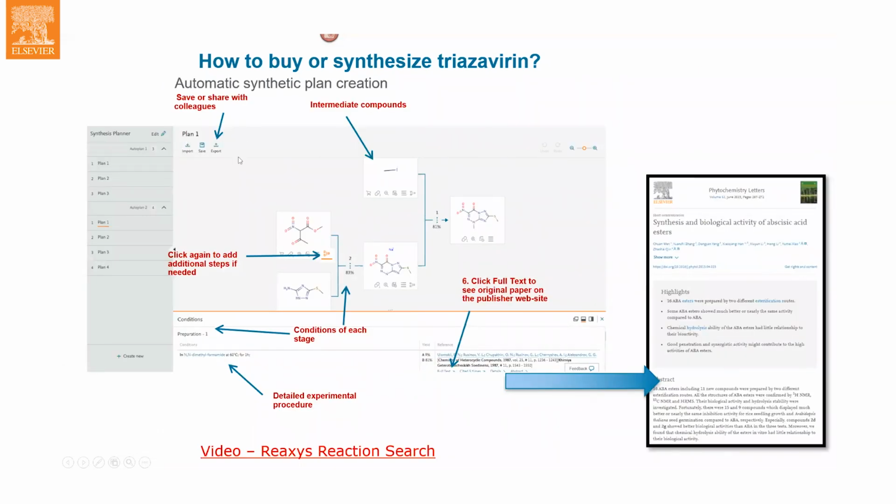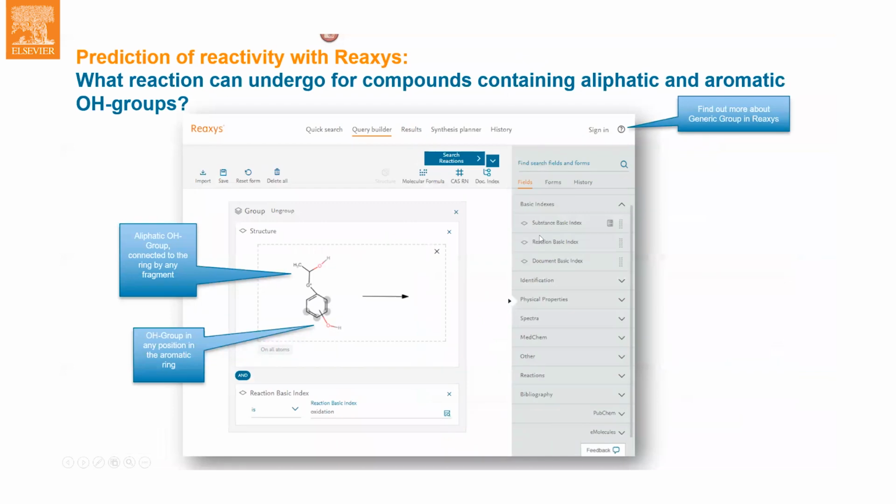These are the slides about retrosynthetic planning, which we already discussed. And also, I want to explain one interesting use case. Reaxys can even be used to predict the direction of the reaction. So for example, if you draw something like this, I will explain what it means.